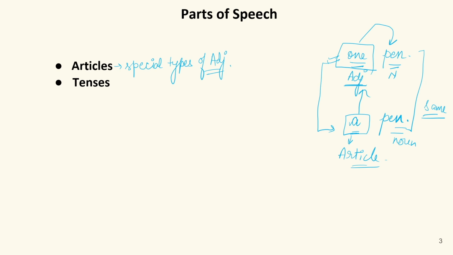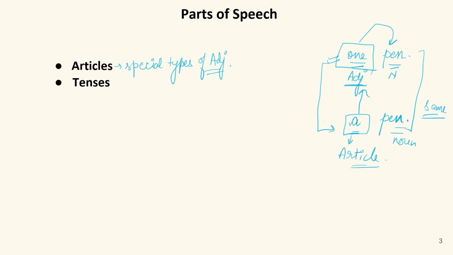A and one can be substituted with each other. So here a is a kind of adjective. It means we can say that articles are special types of adjectives.